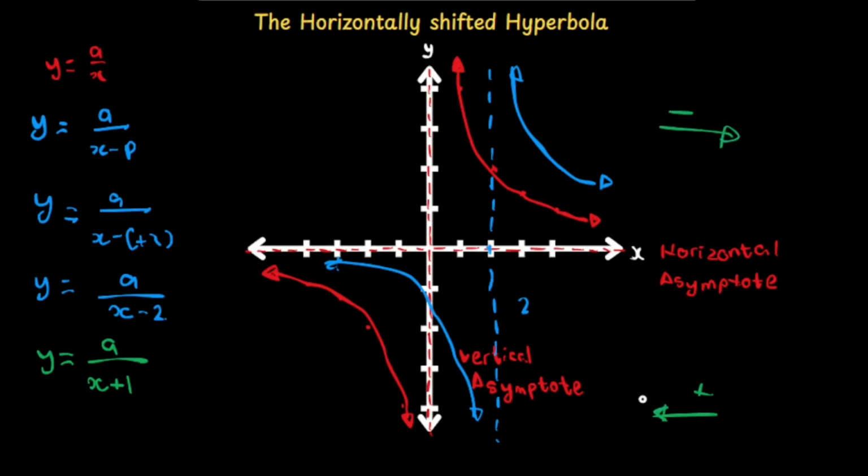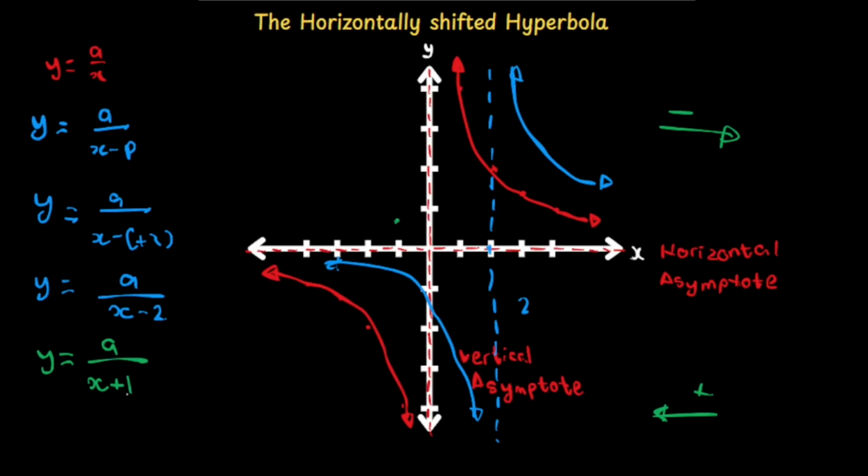Now, if I'm moving this function to the left because I'm adding a value to the x, what would happen to the value of the asymptote? It would shift 1 unit to the left, correct? So let's make a mark over there so that you guys know what I'm talking about. In order for me to find the x value of the vertical asymptote for this function, I'm going to multiply the positive 1 over here by negative 1.